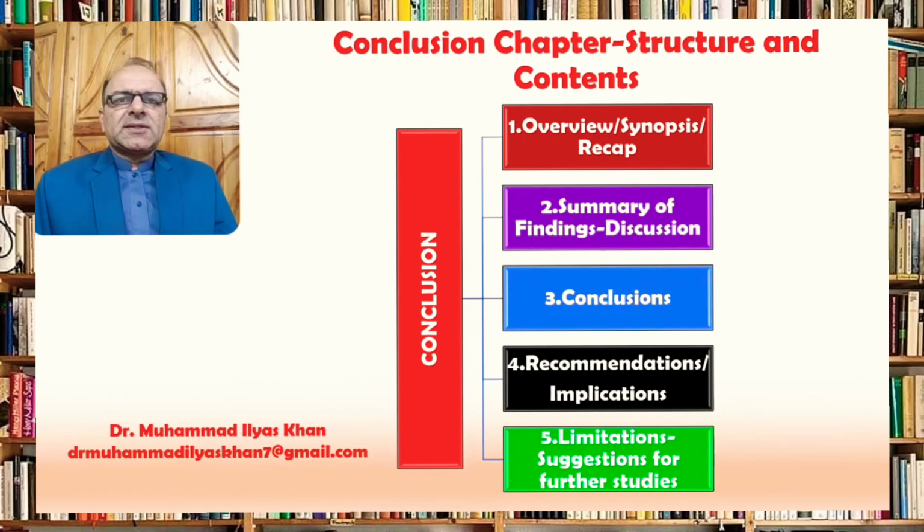So that is something that is a very, very important part. Here in the conclusion section, again, the researcher needs to be very objective, very critical, so that the conclusions are actually based on the findings of the study.